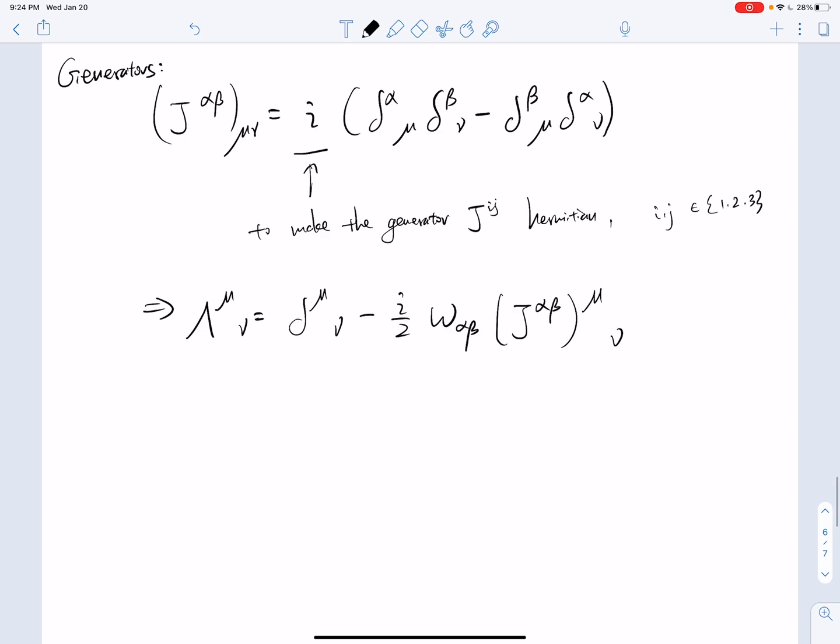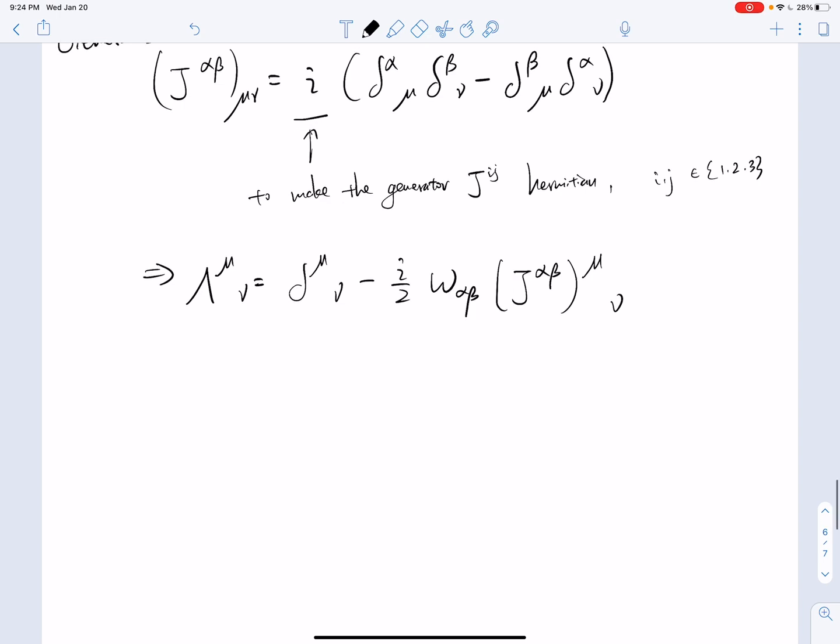So we notice that this is really the generator, and of course we have an omega squared term, and these omegas are the parameters of the Lie group.